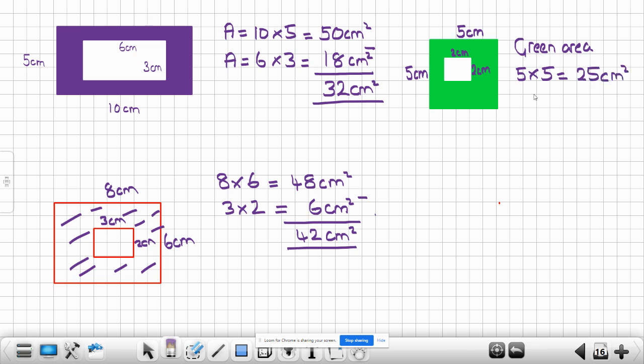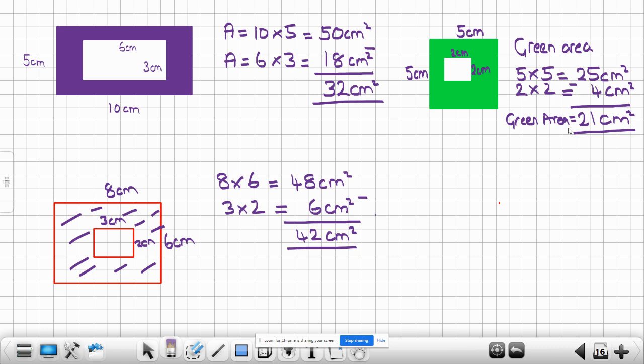We're going to take away this smaller one, which is 2 times 2, 4 square centimetres. Take them away, and so our green area is 21 square centimetres. And there we have it.